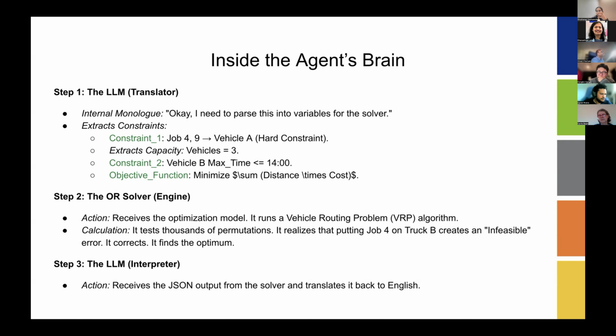The OR solver takes that model, crunches the numbers, and comes back with its solution and hands it over to the agent. Now the interpreter agent takes the output and translates it back into plain English for the end user.